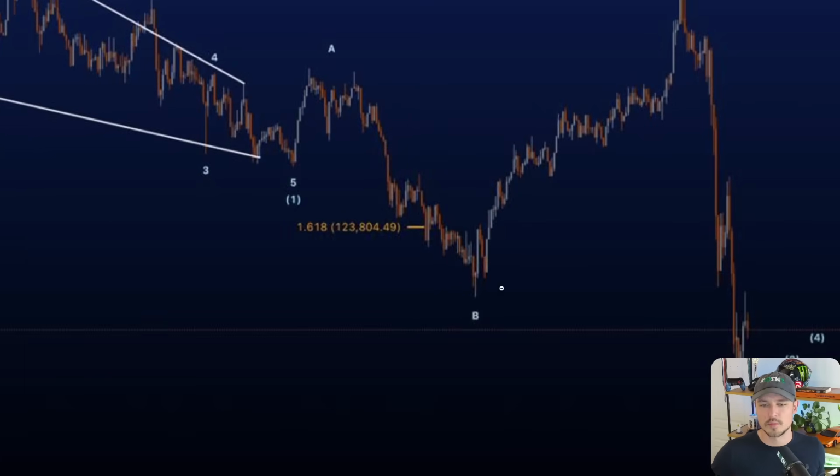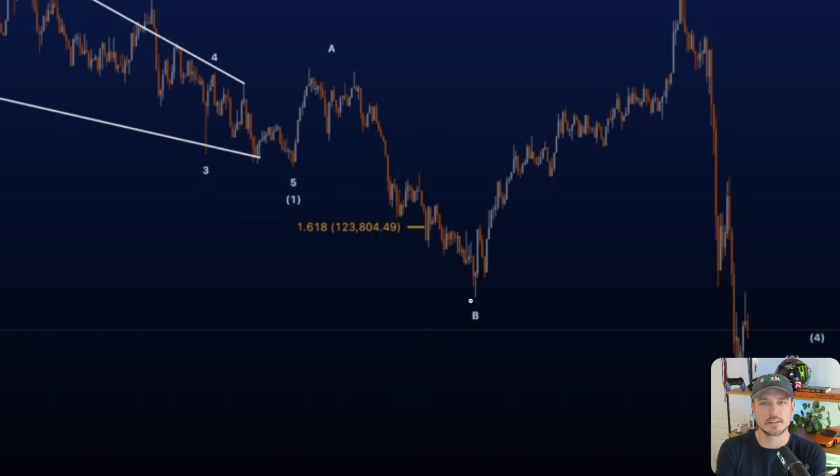In this scenario, your wave B moved way beyond the 1.618 Fibonacci taken from the start to the end of wave A. And the fact that it did significantly reduces probabilities for wave Bs. Your most common target for wave Bs in an expanding flat is the 1.236 to the 1.38 Fibonacci.